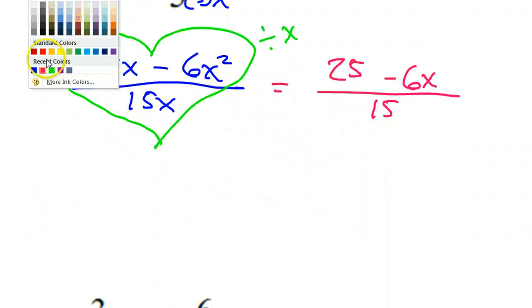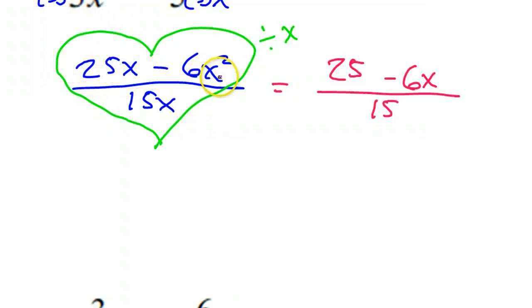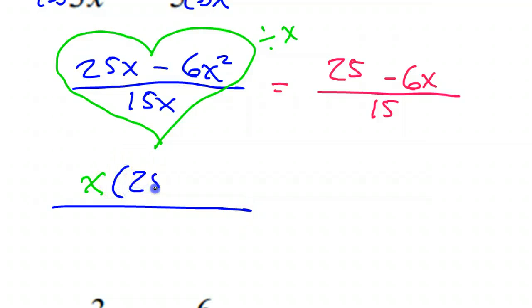The other way to think about it is GCF. I could look at this as, oh look, the numerator has a GCF of x, so I can pull out that x. That's going to leave behind 25 minus 6x over 15x.